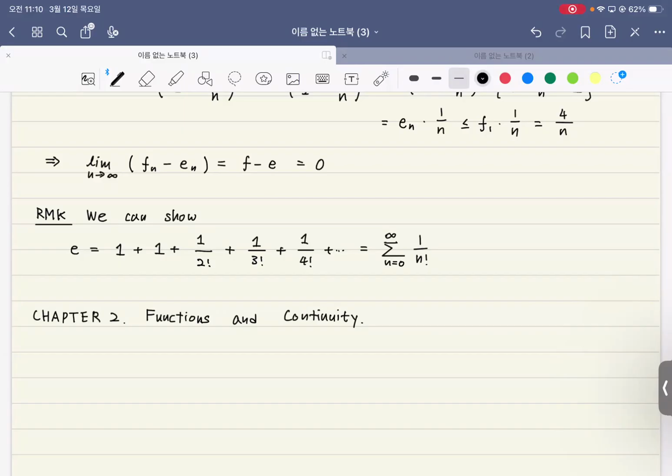So that is a continuous function. So what is a continuous function? A continuous function is a function such that if my input changes a little bit, then the output also changes a little bit, right?